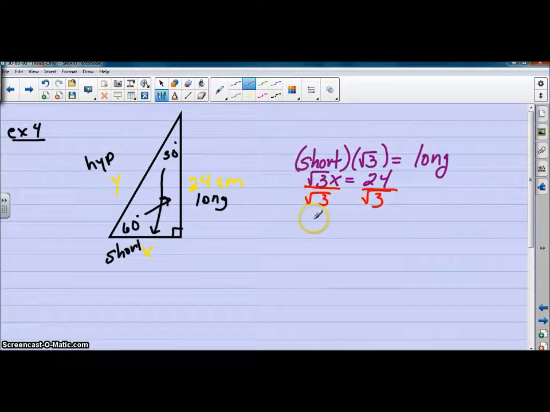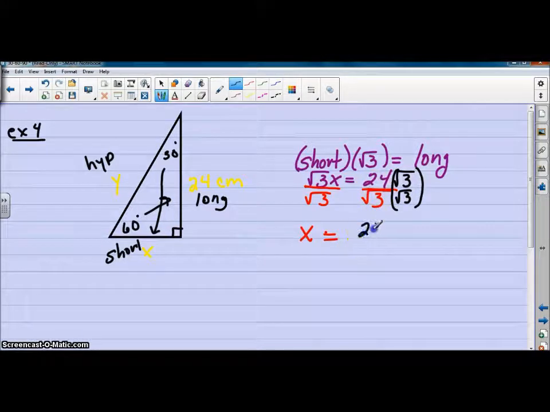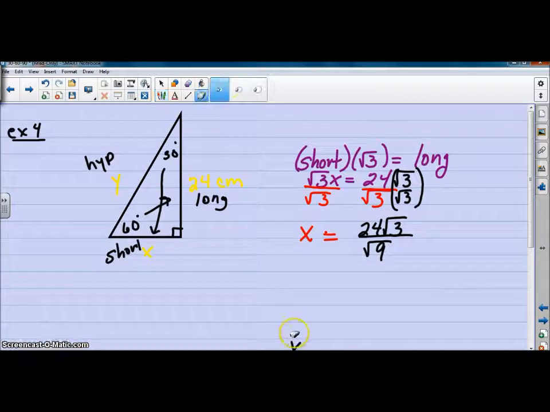On the left side, the square roots of 3 cancel, I just get x. But over here, I have 24 over the square root of 3. And remember, you can never leave a square root in the denominator, so I'm going to rationalize top and bottom by square root of 3. When I do that, I get 24 square roots of 3 over the square root of 9, and the square root of 9 is 3.